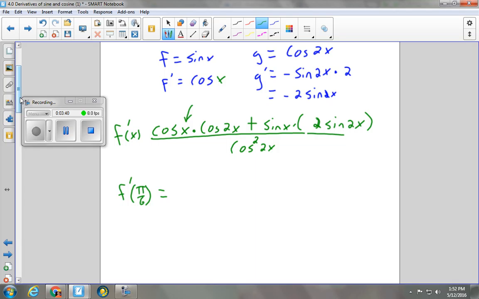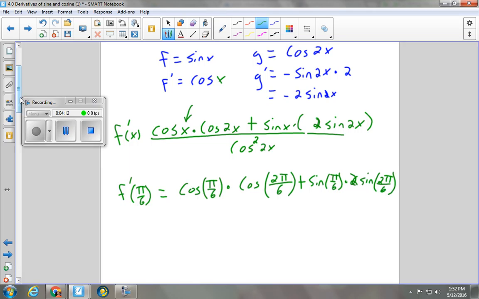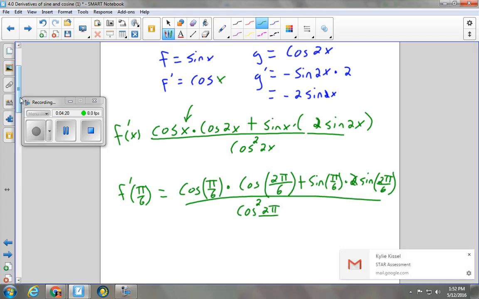Let's put it all in: cos pi over 6 times cos 2 pi over 6, plus sine pi over 6 times 2 sine 2 pi over 6, all over cos squared of 2 pi over 6.